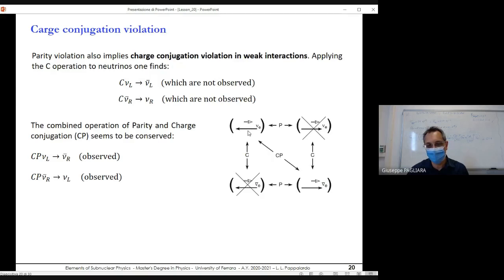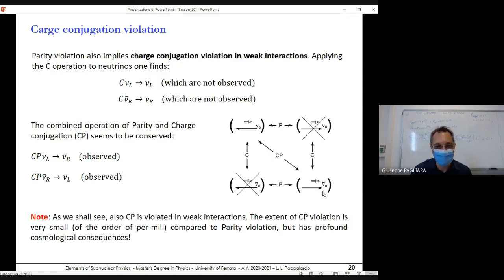So if you move into the diagonal, you find something that indeed works. It is observed in nature. So one would claim that P is violated, C is violated, CP is conserved. This turns out to be also wrong, as we will study next week. CP is actually violated in weak interaction. It is a very small effect of the order of per mil, as we will study, but it has very profound cosmological consequences.